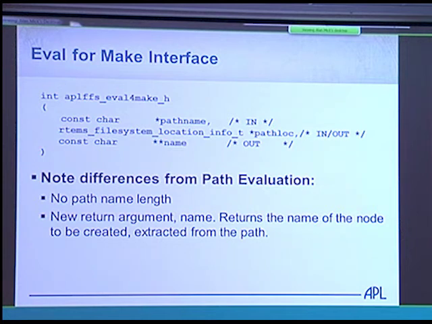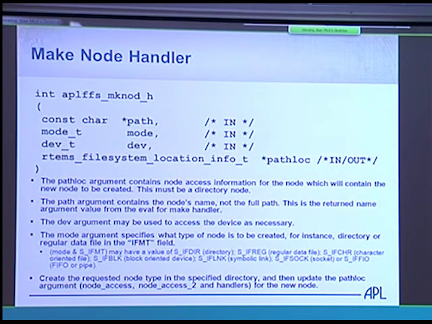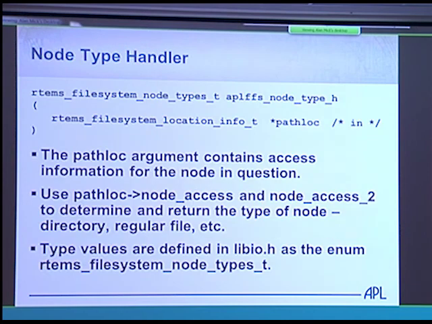So the idea here is not to find the file, because we know in advance that it doesn't exist. The idea is to find the root directory that the file is to exist in, and return the solitary name, stripped of all the path prefix, so that the make node can be called. And the make node handler, you're going to have to take a look at that yourself.